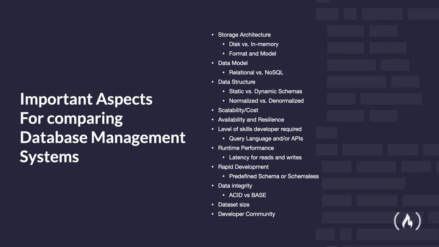When approaching your database choices in general, it's helpful to understand the models and concepts behind them that you'd like to use as points of comparison. Carnegie Mellon's Database of Databases provides an excellent, comprehensive technical resource in this regard. But pragmatically, here are a few important aspects for comparing DBMS.